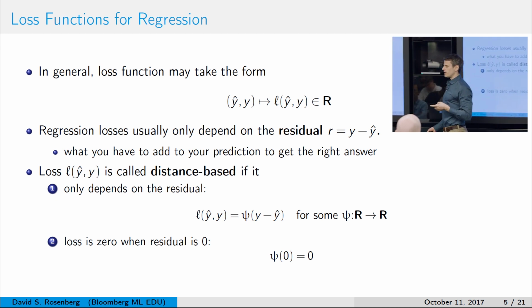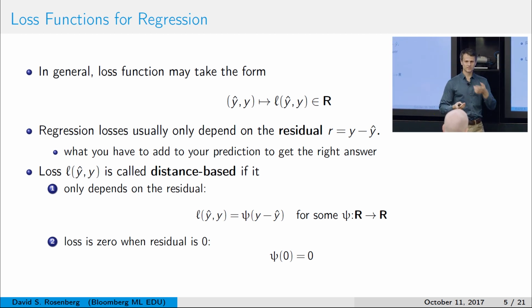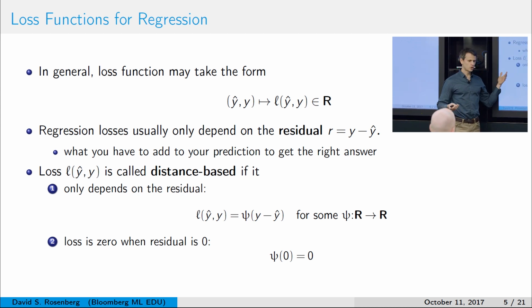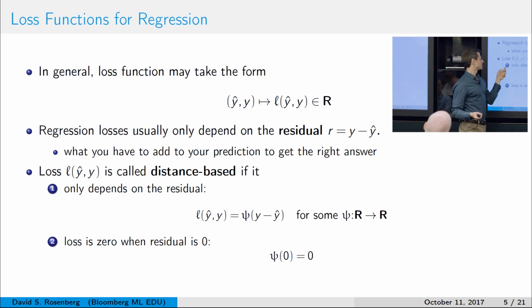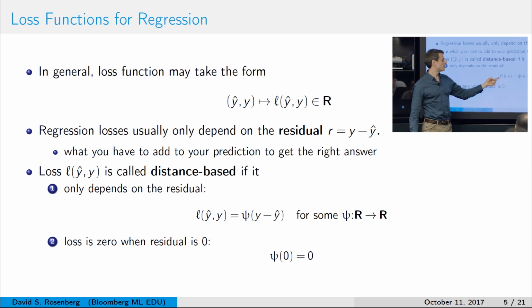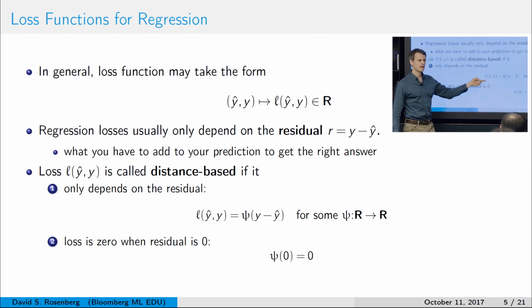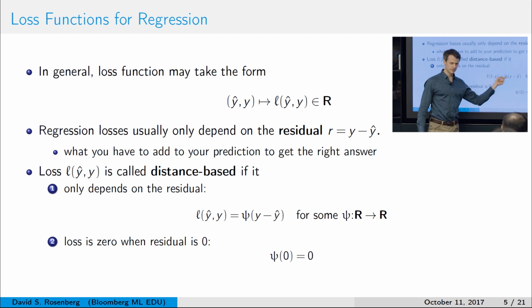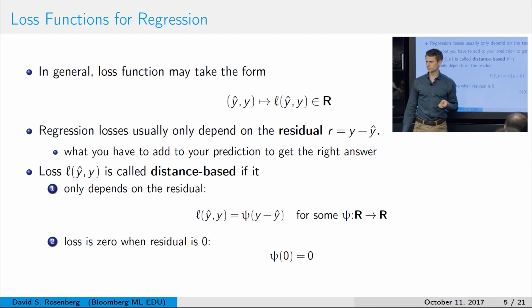It's what you would have to add to your prediction to get the exact right answer. That's the residual. And a loss is called distance-based if it only depends on the residual. So we could rewrite this general loss function that takes y hat and y as some other function of the difference, some function of the residual.